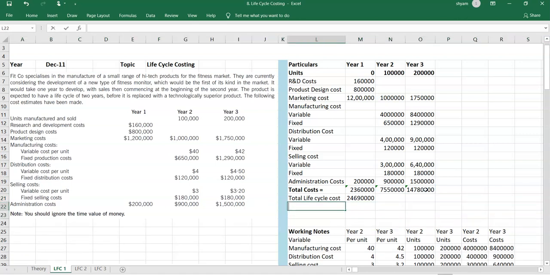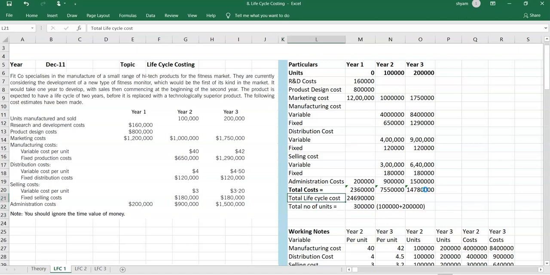So total number of units is going to be 3 lakhs. Okay, so the 1 lakh plus 2 lakh. So 3 lakh units is what we are producing.